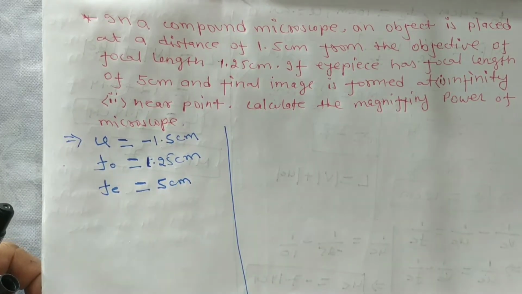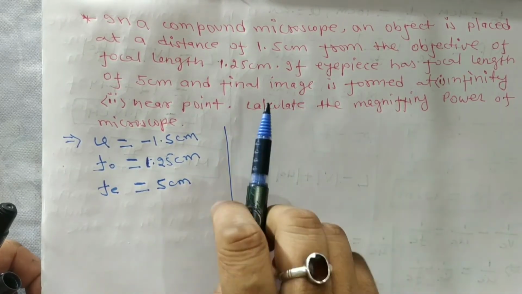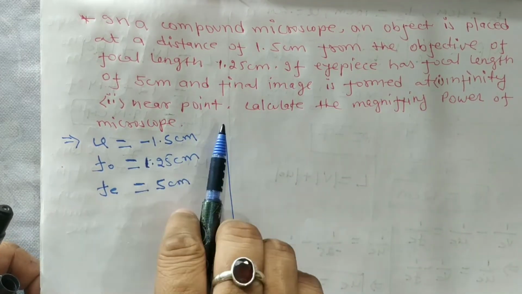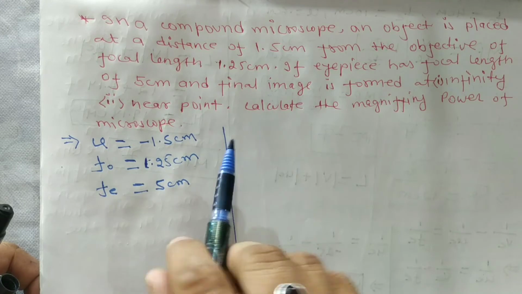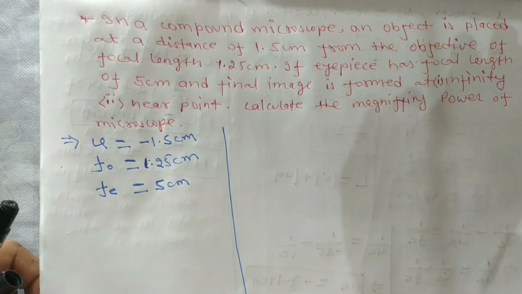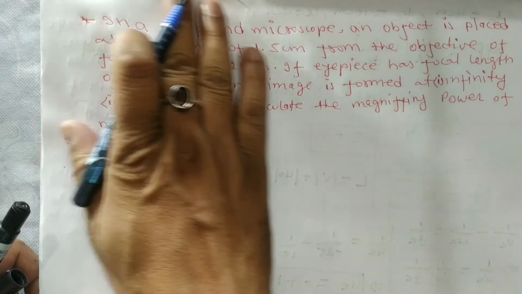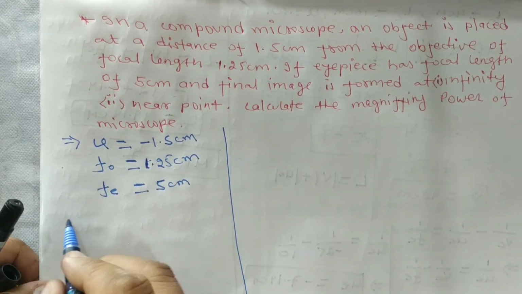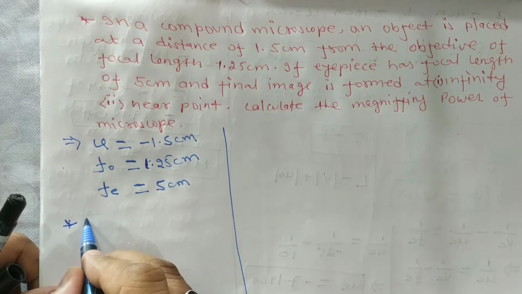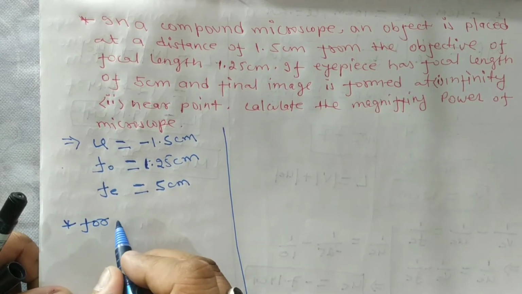Now, final image is formed at infinity and near point. There are two cases. In first case, final image is formed at infinity, and in second case, final image is formed at near point. We have formula for magnifying power for far point.